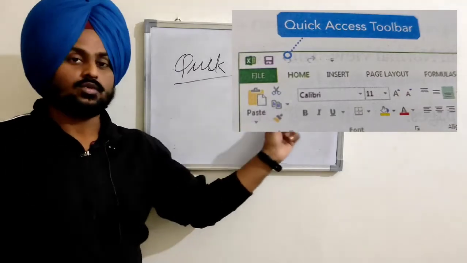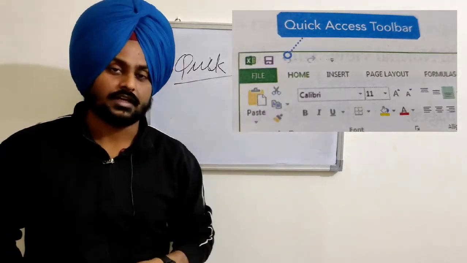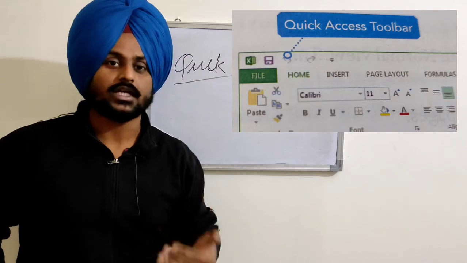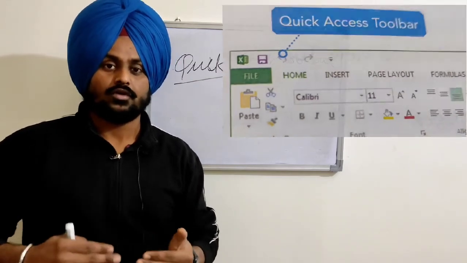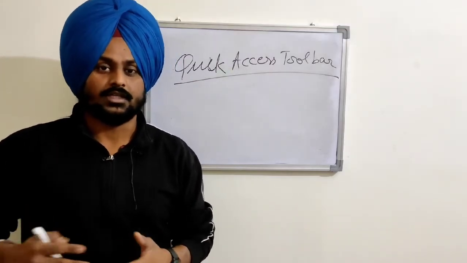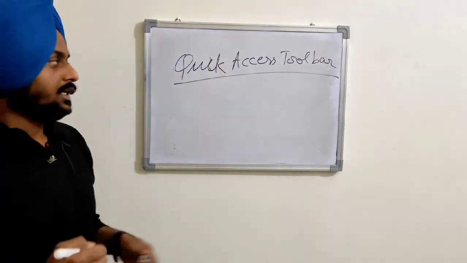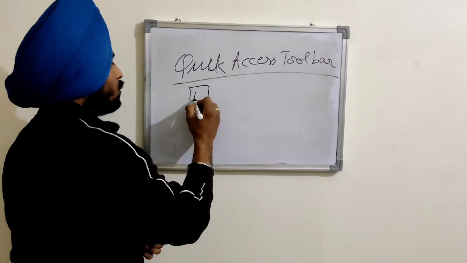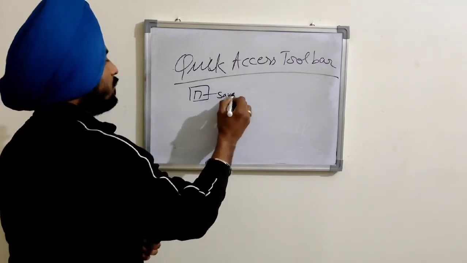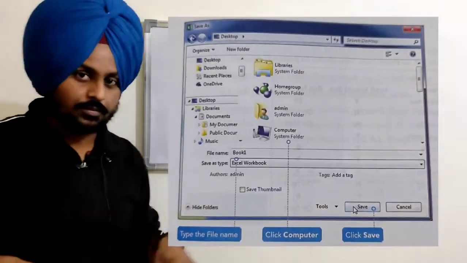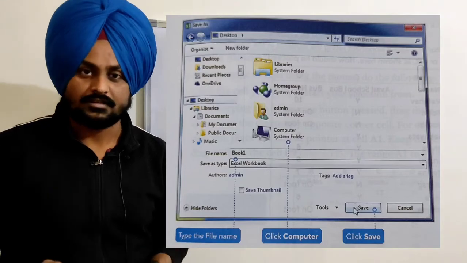The name of the toolbar is quick access because we can access it quickly. We don't have to follow steps number 1, 2, and 3. For example, if you want to save your file, simply click on the save button on the quick access toolbar. A dialog box will appear, give the file name, and the file is saved.